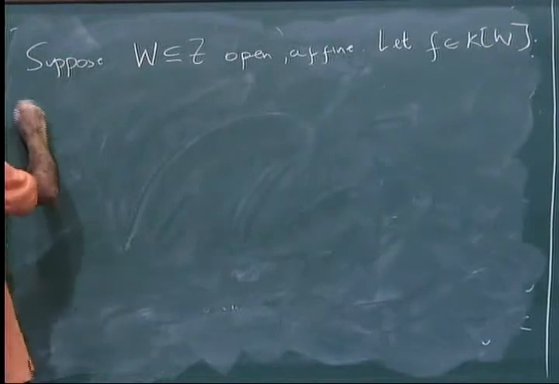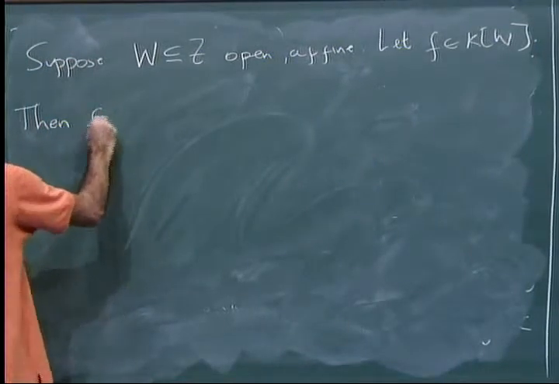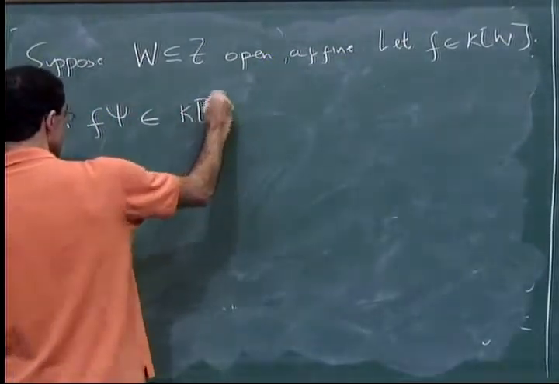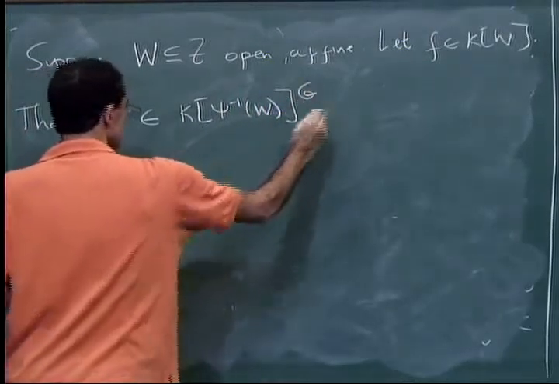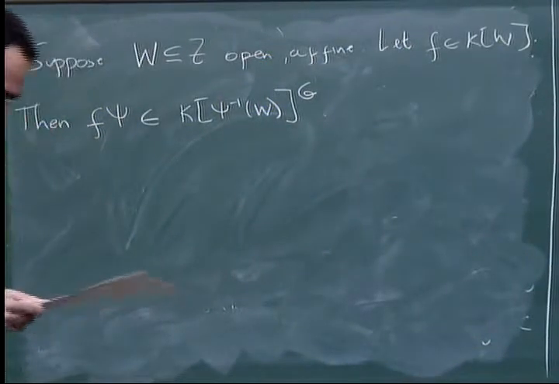Then we know that f composed with psi is invariant. It's invariant again because psi collapses orbits, so it has the same values on X or on any translate.